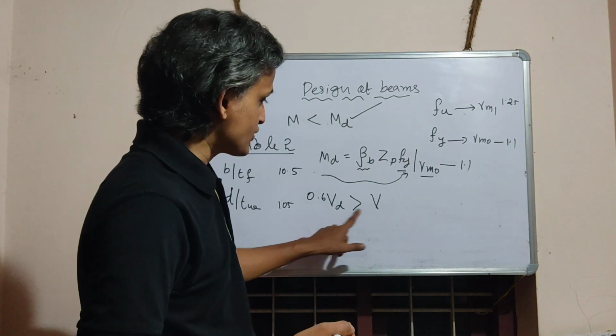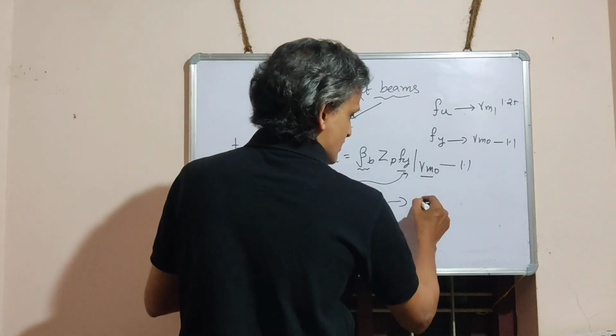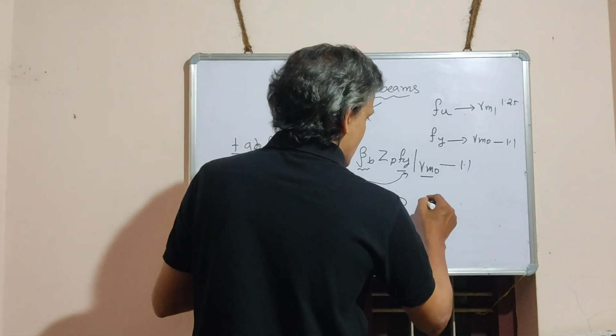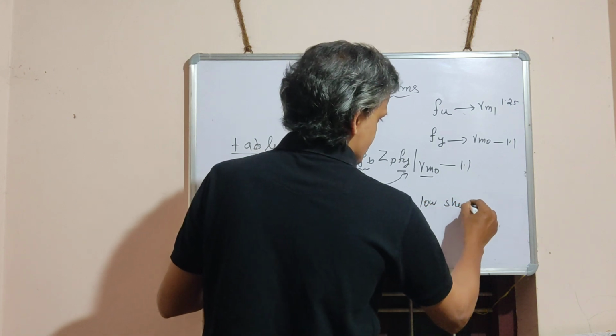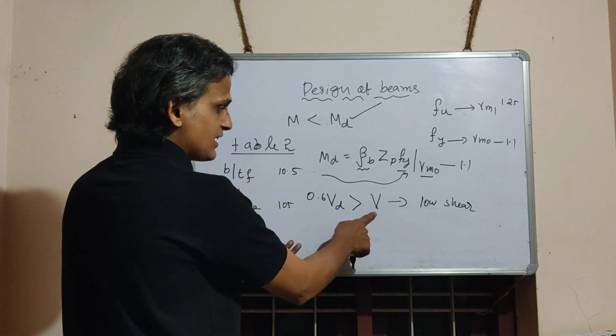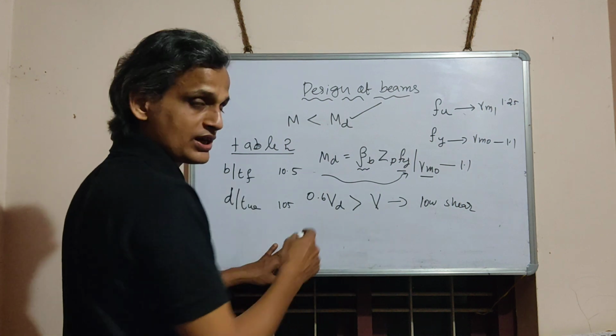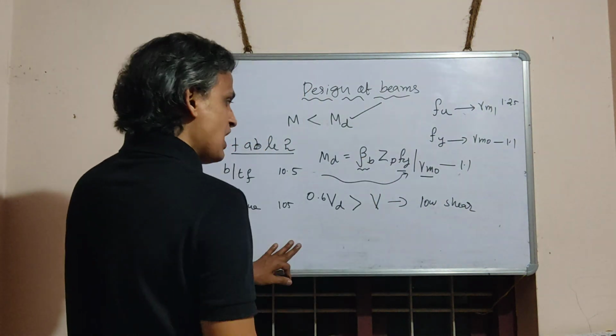If this condition is satisfied, then the section is referred to as being under low shear condition. If 0.6 Vd is greater than the shear force due to external load, then you can use this equation.